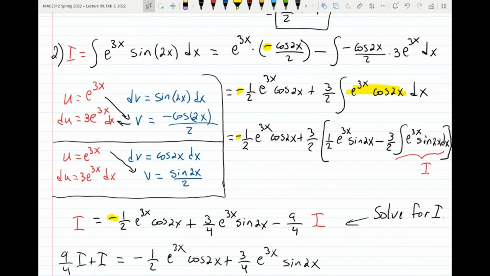But you could have set u equal to sine. That's fine. It's just that then in the second integral, your u must be the cosine. So just be consistent with that. You just have to keep it the same kind of function. It doesn't necessarily have to be equal to each other.